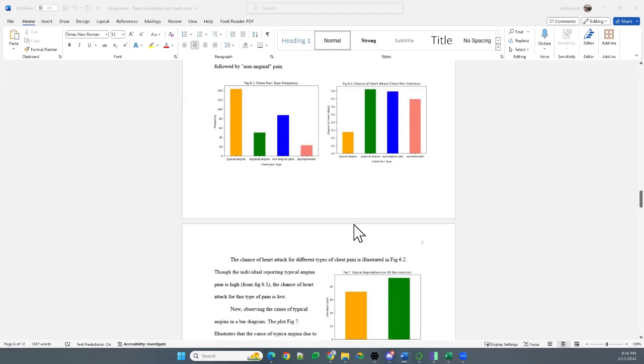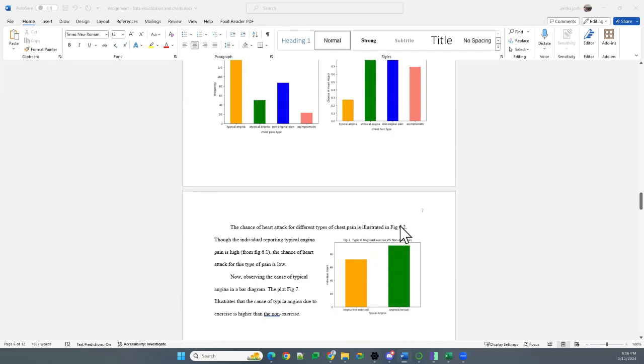Typical angina is mostly induced by exercise. People reporting typical angina pain due to exercise are higher in number than the people who reported it as non-exercise.